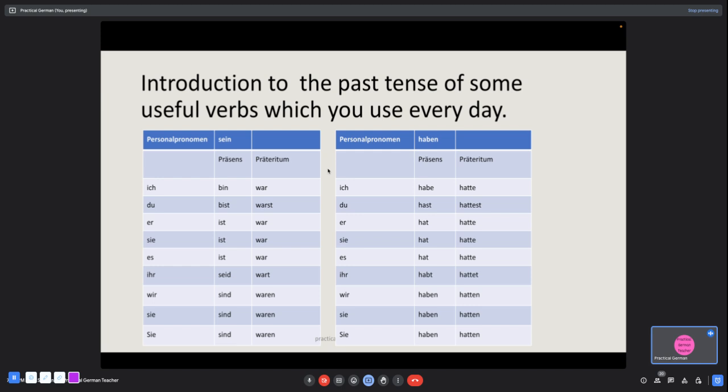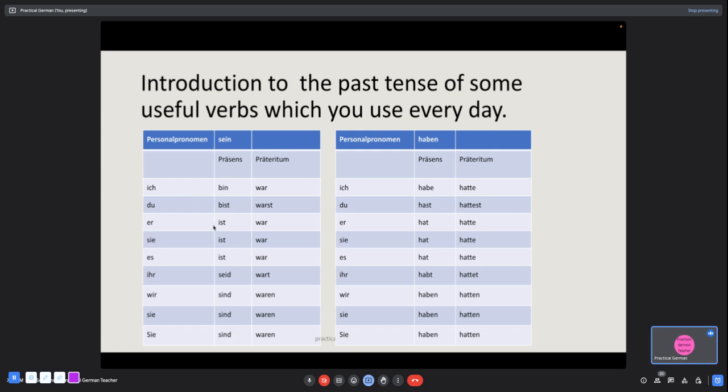But what I want you to remember is that the verbs sein and haben are very common, and you need them to say many different things. When you talk about past, one way is to use Präteritum, and one way is to use the Partizip. Don't try to remember, just remember that there are two ways to talk about past. When you use Präteritum, you just have to learn all the conjugations of the same verb for Präteritum.